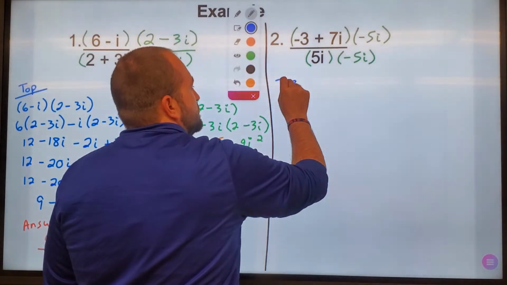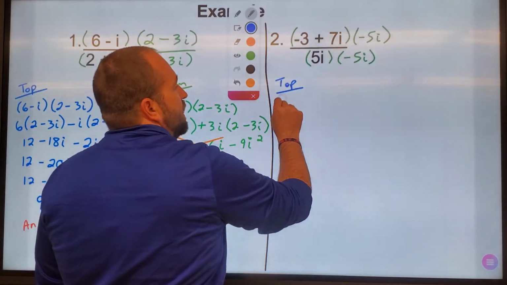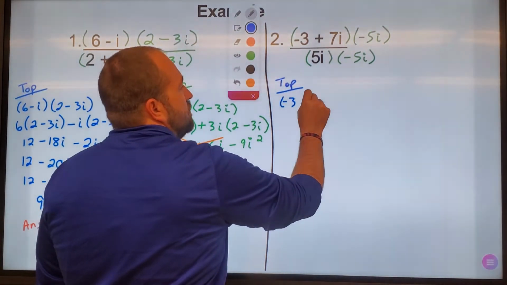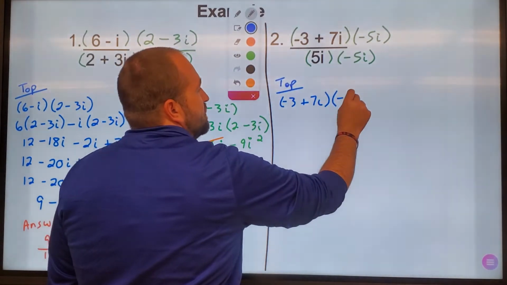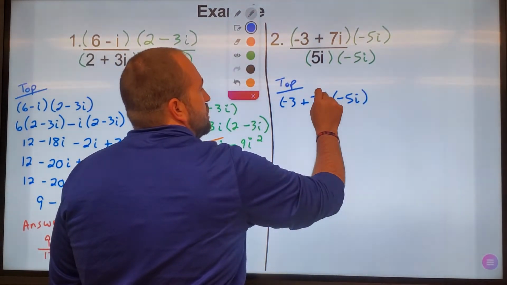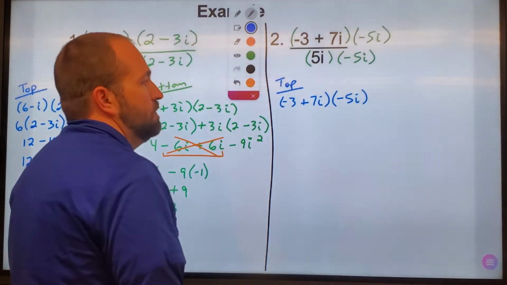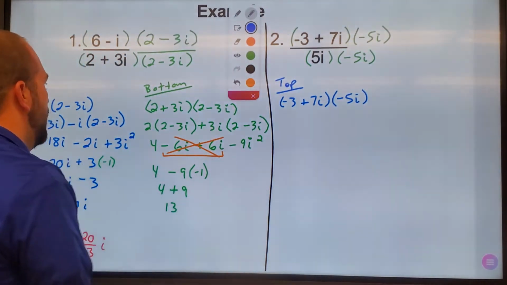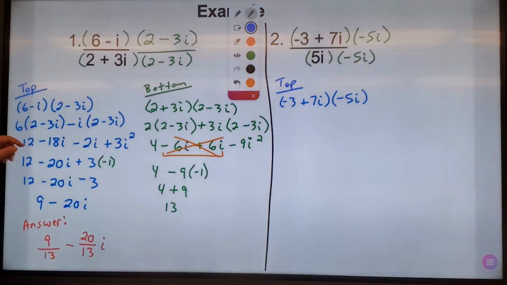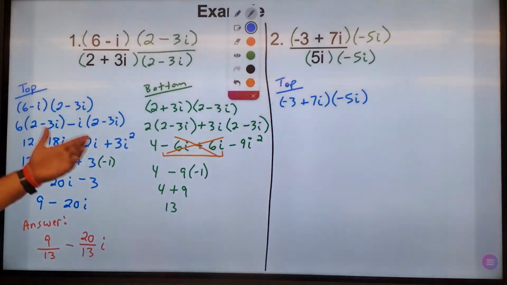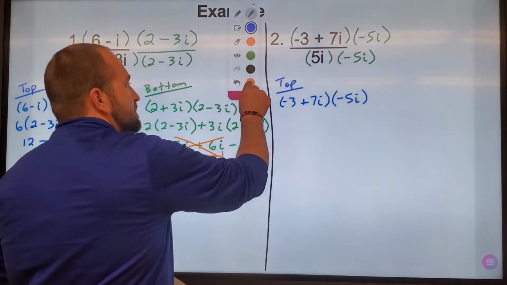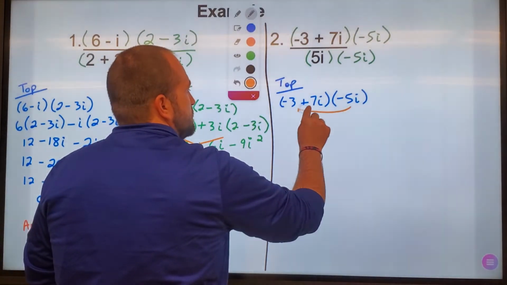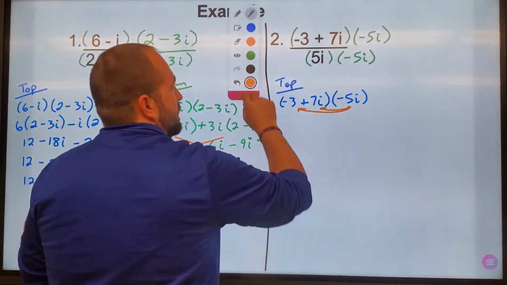And again, I'm going to go ahead and separate the top. I have negative 3 plus the 7i times the negative 5i. Okay, here, I don't have to break it apart like I did in this one at this second step because I only have one term here. So I can just take this and multiply. So this times this, and then that times that.